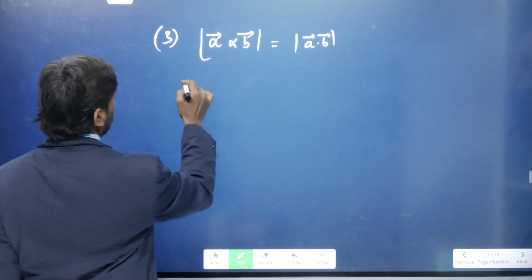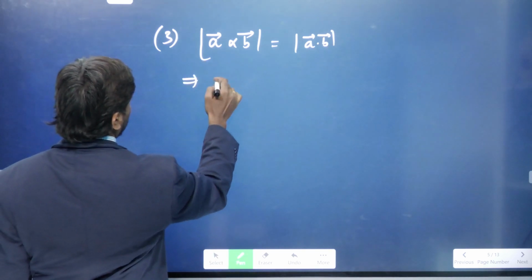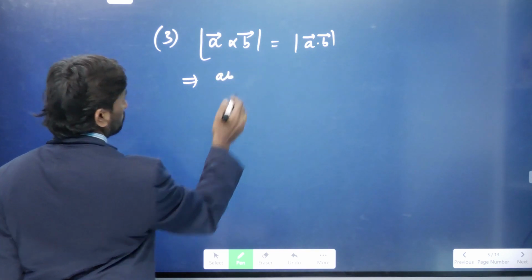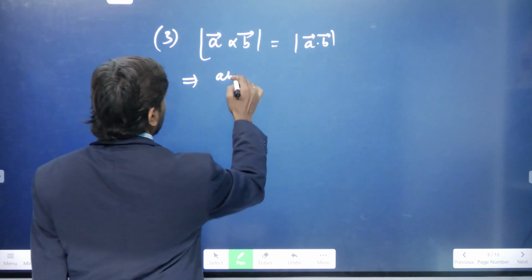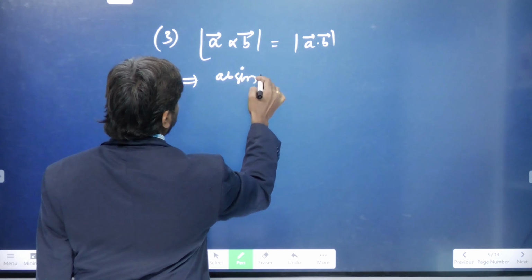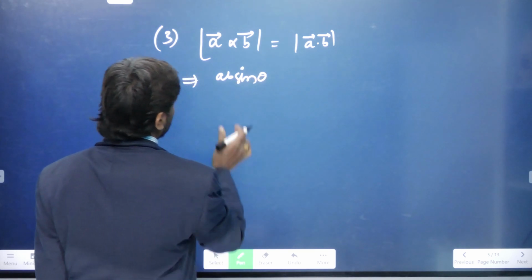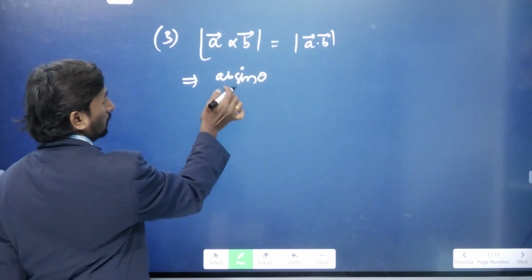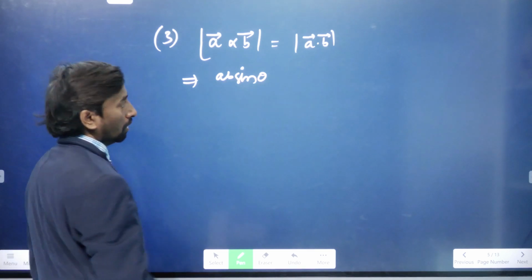So here we can write a bar cross b bar, by the cross product formula, is nothing but ab sin theta. They have given the magnitude, so only ab sin theta will come there.